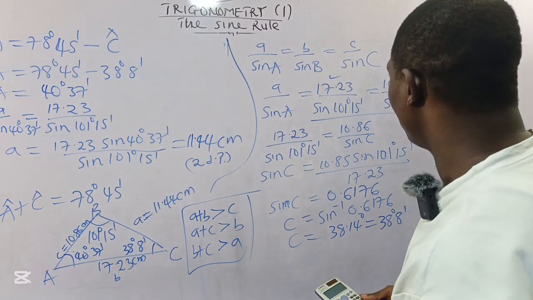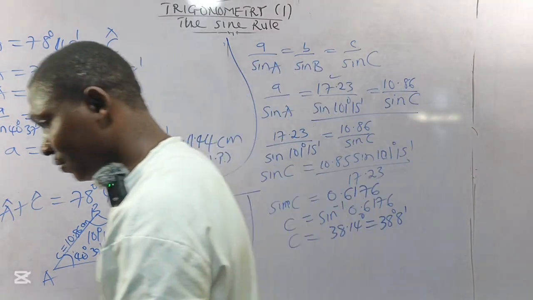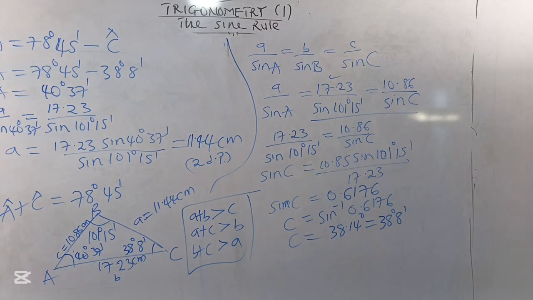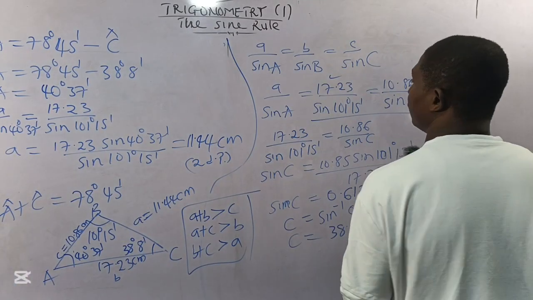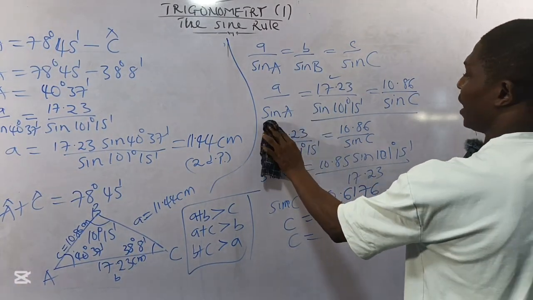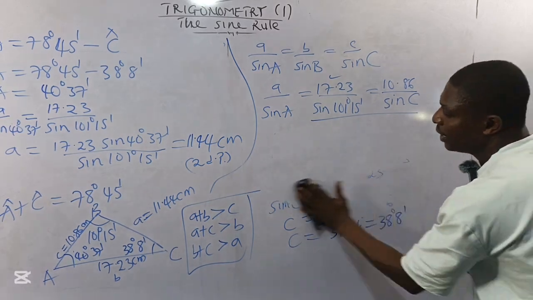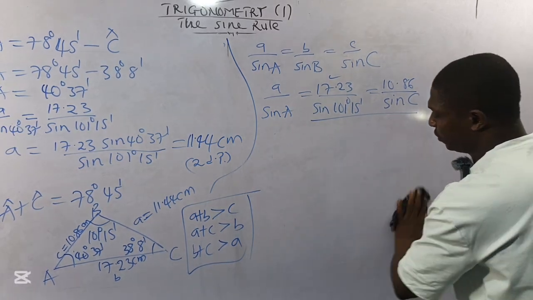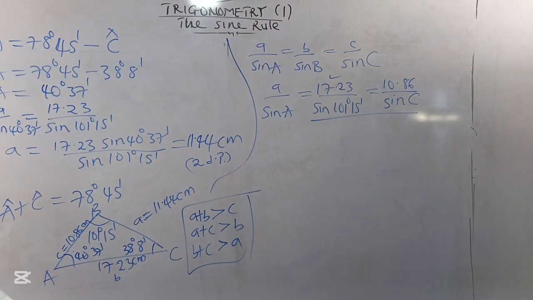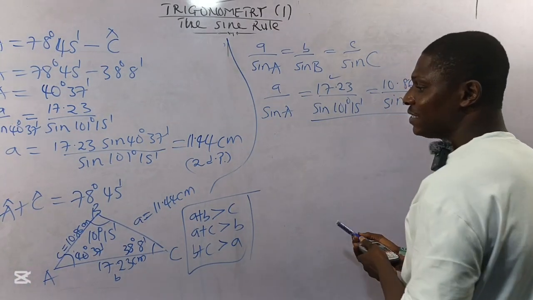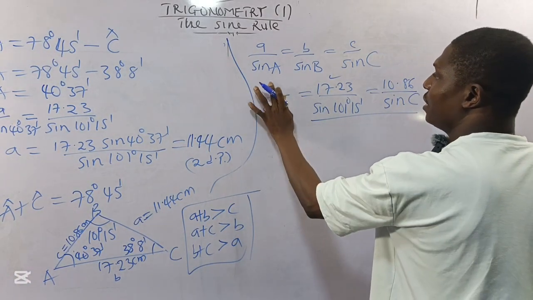So another thing I want us to check is this. You can see that this was our value, this was our expression. All the information is given. Now, let me put the values gotten. My A is 11.44, so I can clean this.